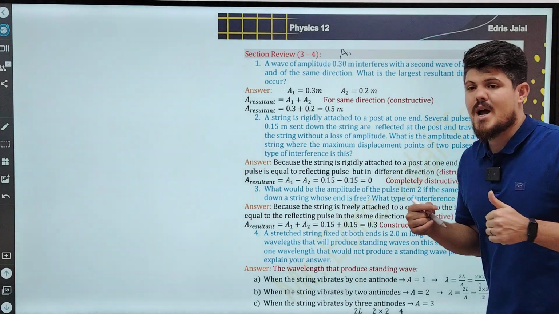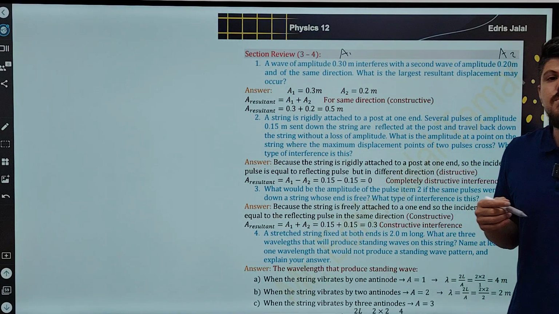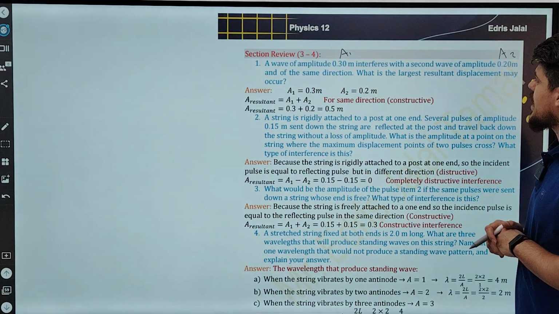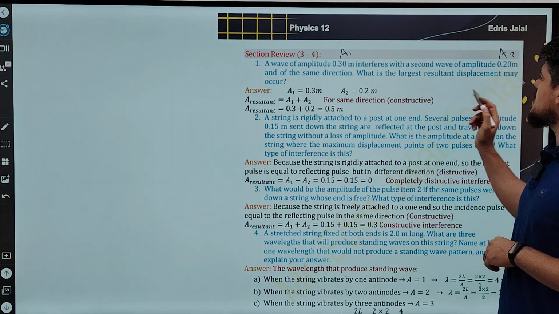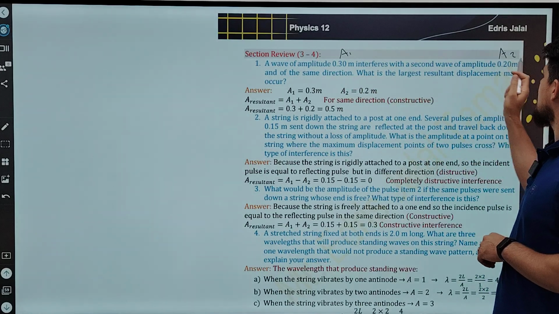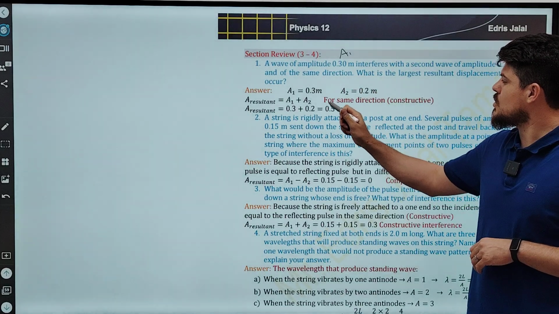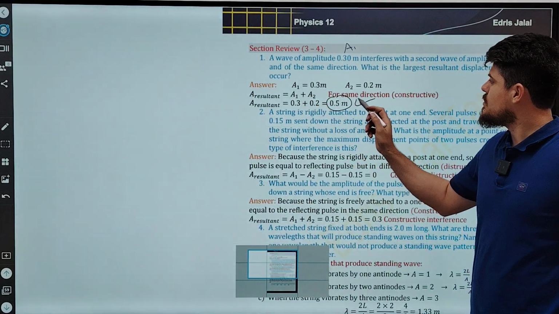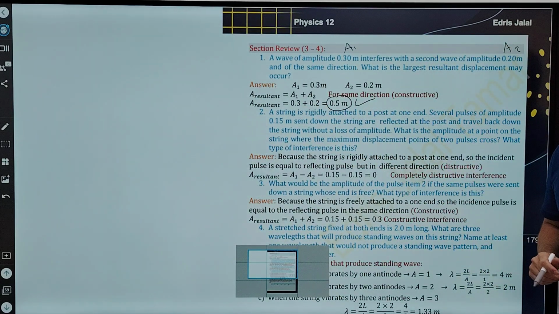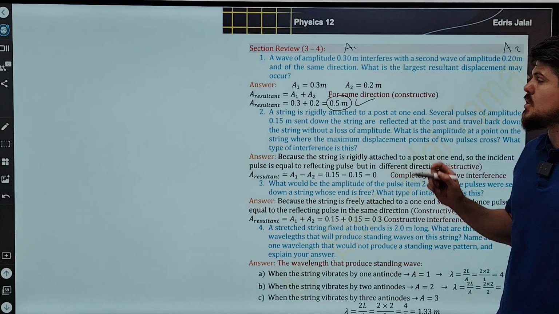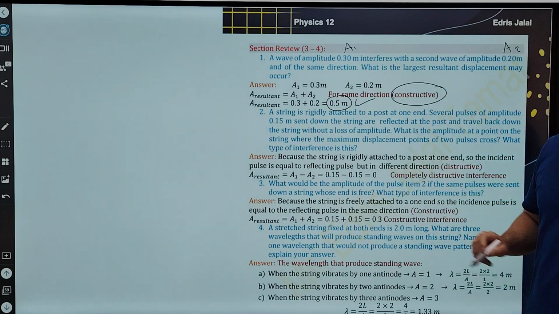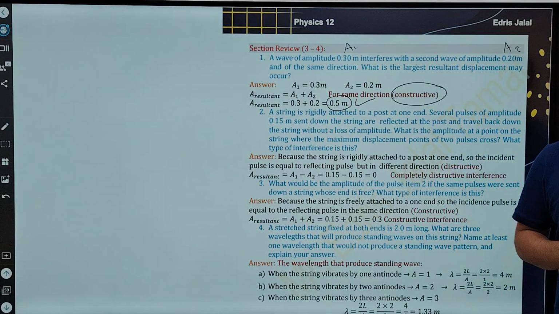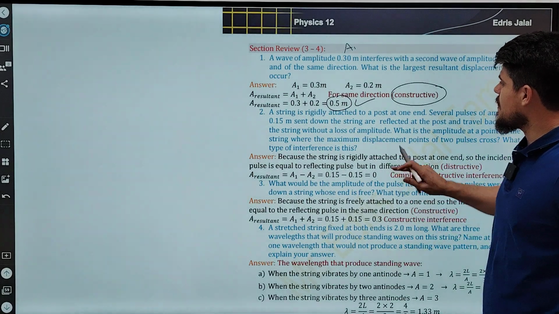In the case when the two amplitudes have the same direction, we have to add up to find the resultant amplitude. Okay? What is the largest resultant displacement? We have to add 0.3 plus 0.2 is equal to 0.5 meter. Why we have to add? Because in the same direction. The same direction of the amplitude produces what? The constructive interference. In the constructive interference, we have to add the two individual waves.